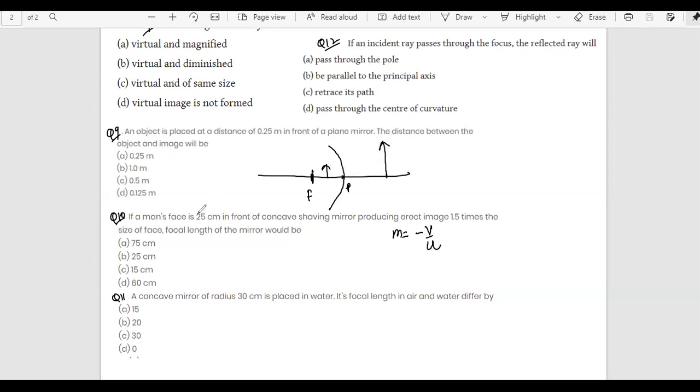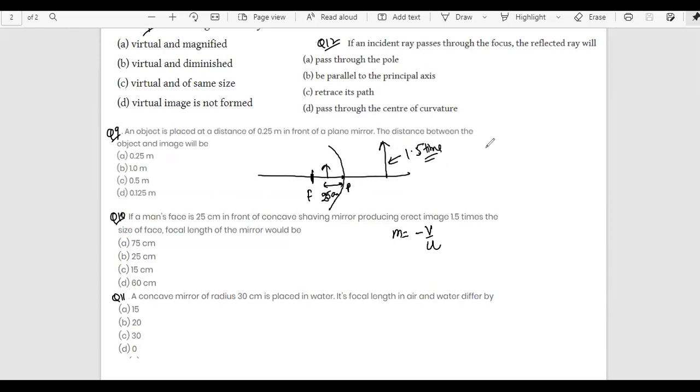Okay. So if a man has his face 25 centimeter in front of a concave mirror, and finds that his image is formed, the face image is magnified, by 1.5 times. So magnification here, since the virtual image is going to form, virtual image formation is taking place, beta.